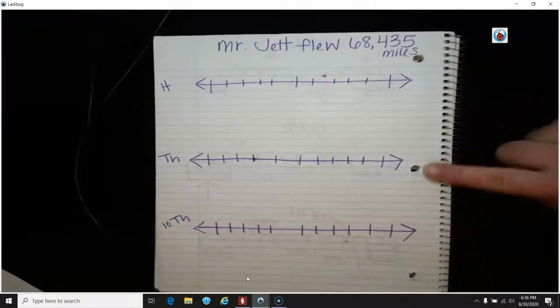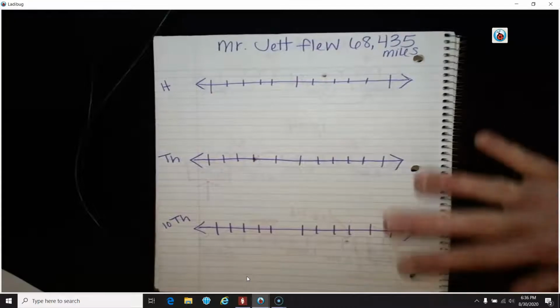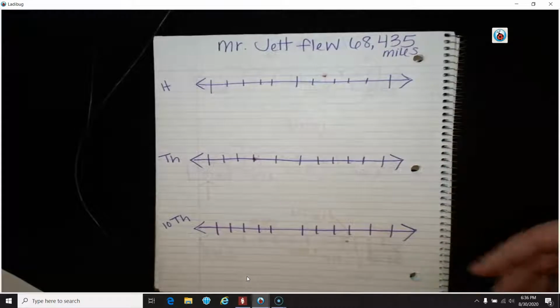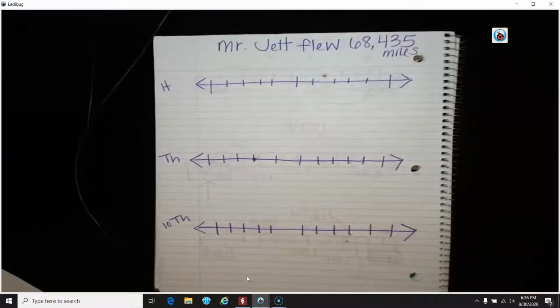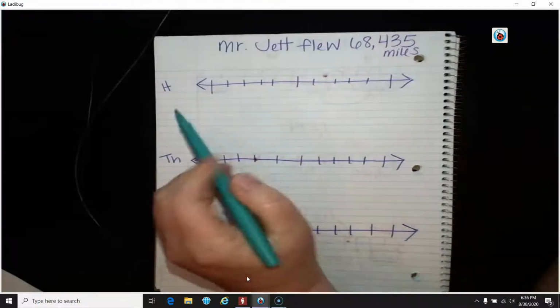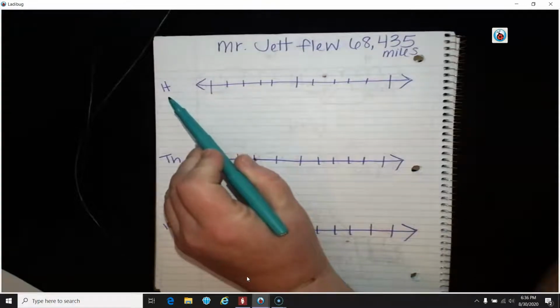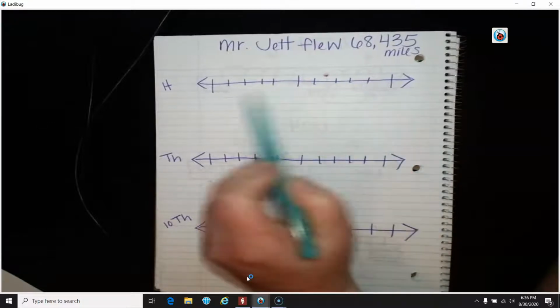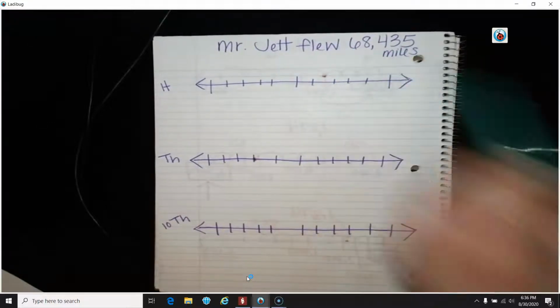I've already divided each number line into 10 sections, but I want to talk through figuring out which benchmark numbers I'm going to put at the beginning and end of every number line, because that is something you're going to need to do depending on what place you're rounding to. So for the first one, we're rounding to the nearest hundreds. These benchmarks are going to be the hundreds that this number is in between.